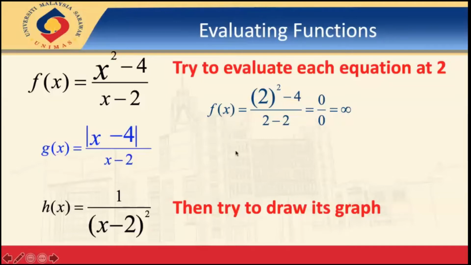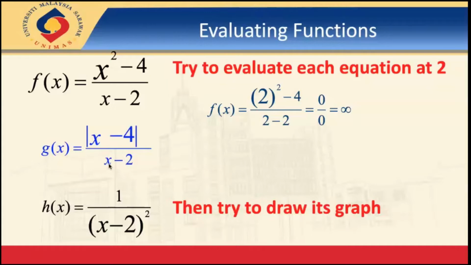In the same way, if we use the second function and replace the x value by 2, then the absolute value of 2 minus 4 will be 2, and the denominator is again x minus 2. So x is 2, and 2 minus 2 will be 0. So this function is also infinity.